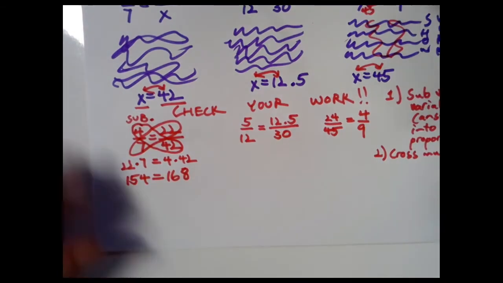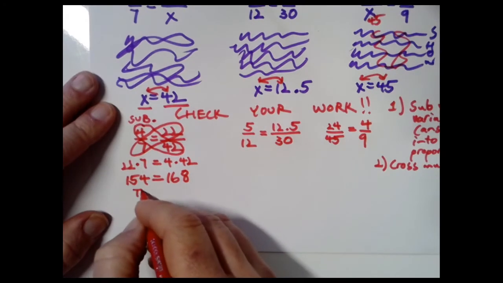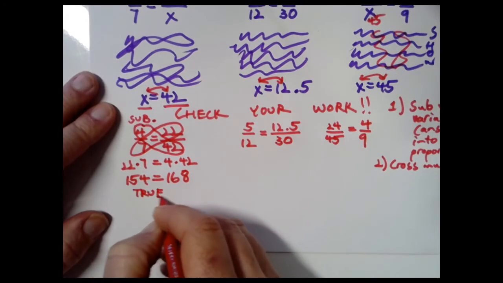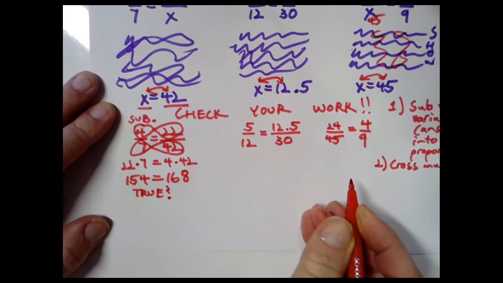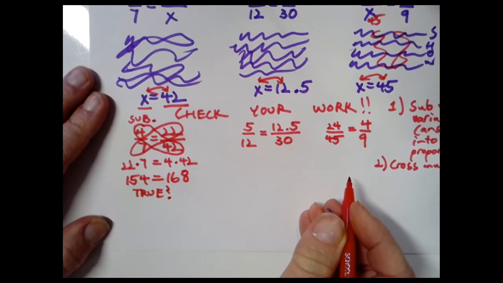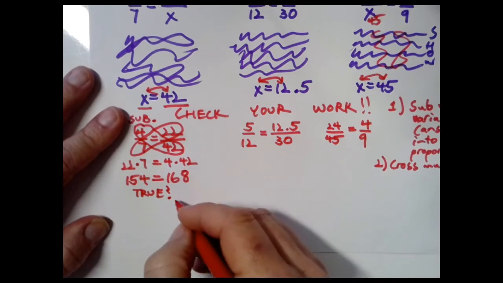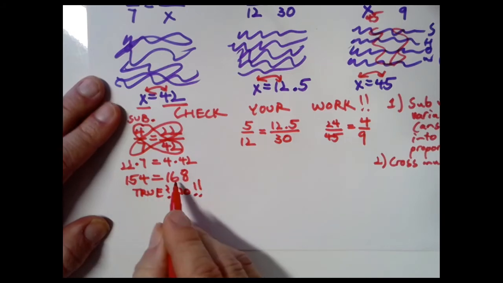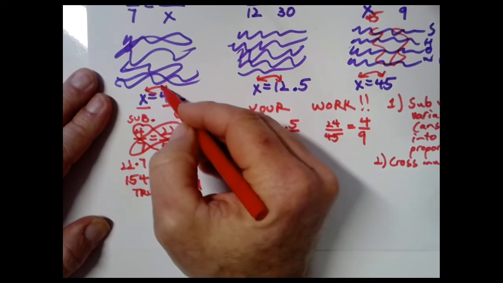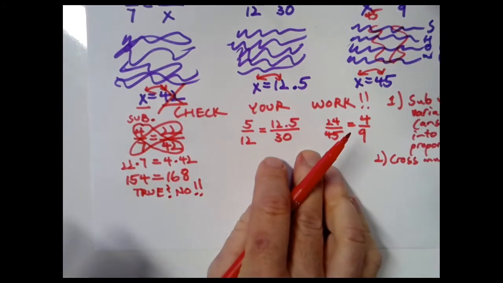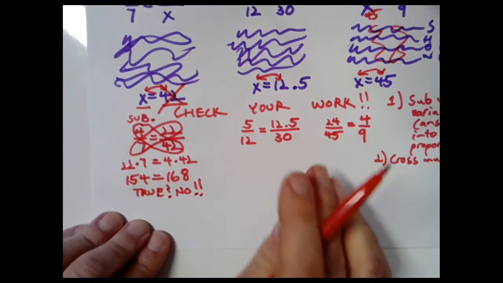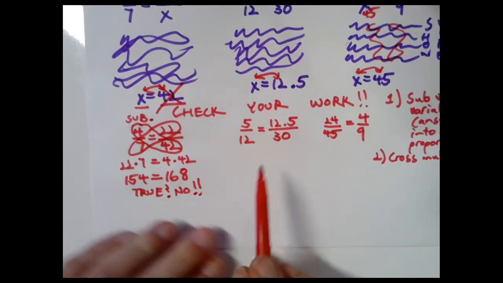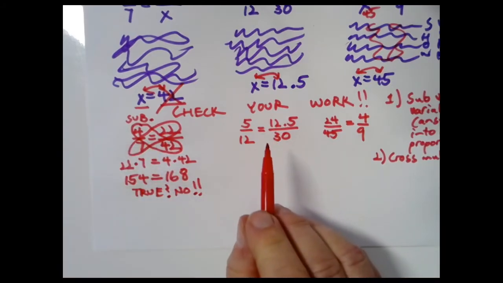Is that true? Does 154 equal 168? Well, no, it doesn't, right? Which not only means those aren't equal, but it also means that 42 is not the solution to this one. Okay, so that's how you can check your work. Let's do that on the next one.